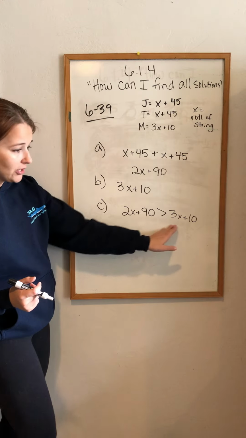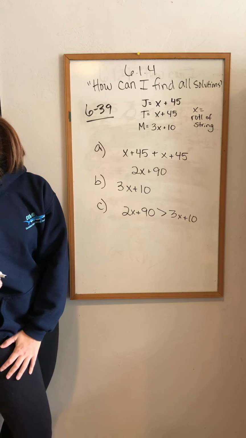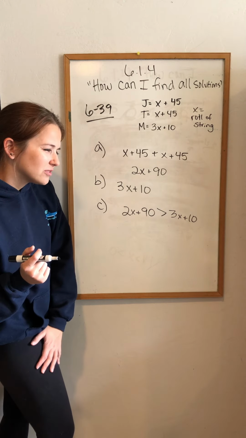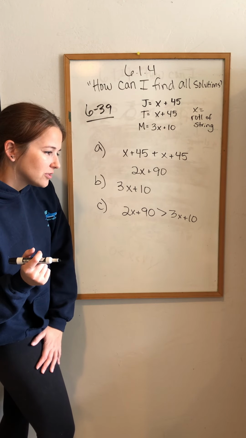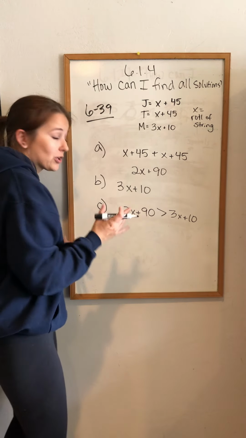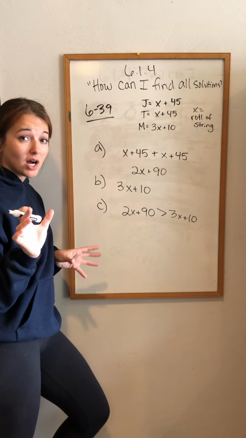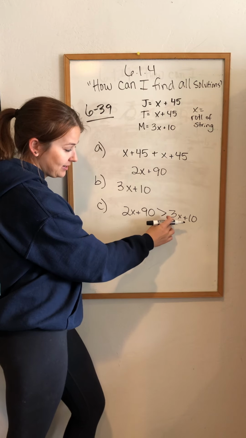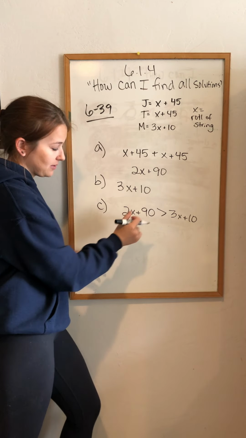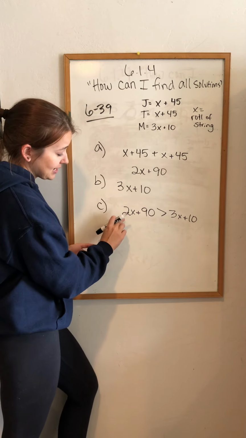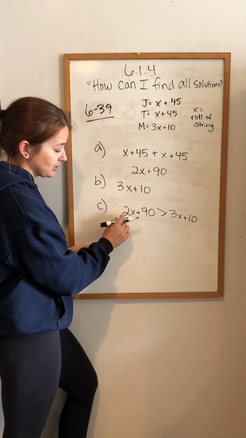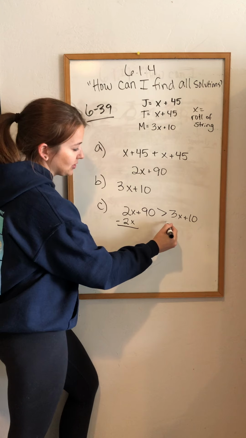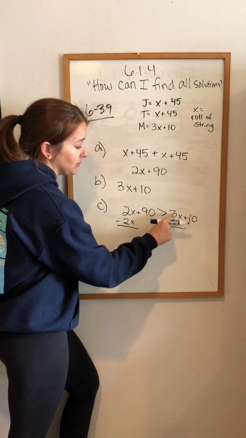So here's our inequality, and we're going to solve this. What I want is the x's on one side and the ones on the other side. I can move this 2x by subtracting 2x from itself and then subtracting 2x from the 3x.